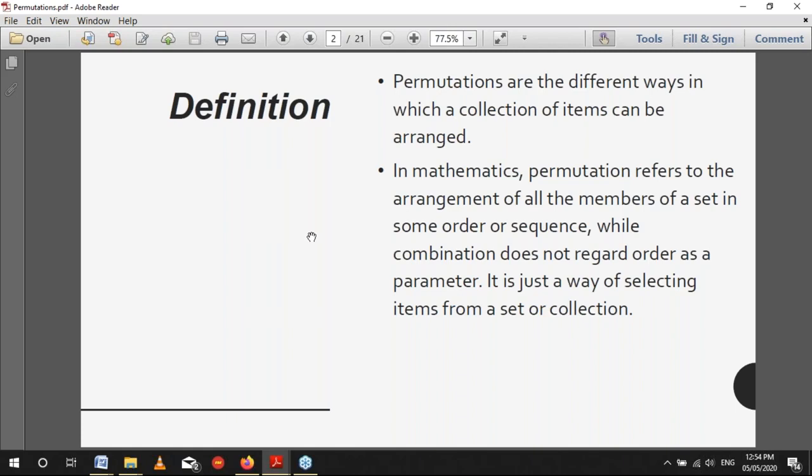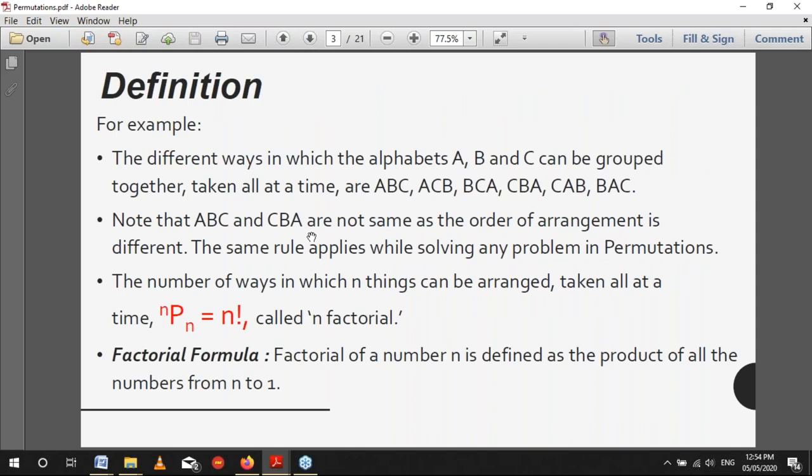Now, what is factorial? Factorial of a number n is defined as the product of all the numbers from n to 1. So this is factorial. Let's move ahead so that we quickly solve some examples.